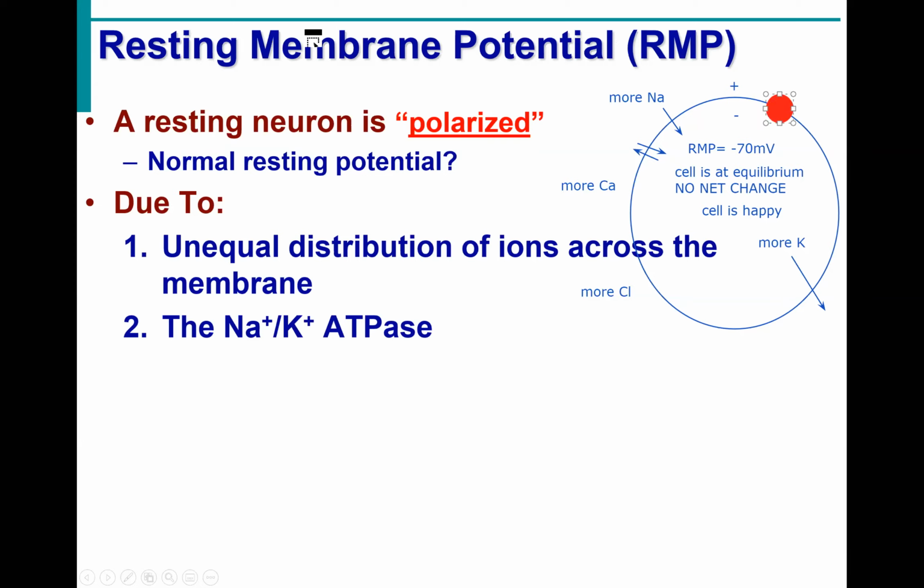With that sodium potassium ATPase, remember, it uses ATP. And it uses that ATP to basically kick 3 sodium out of the cell. And they're positive ions leaving the cell. And it also helps to bring 2 potassium in.